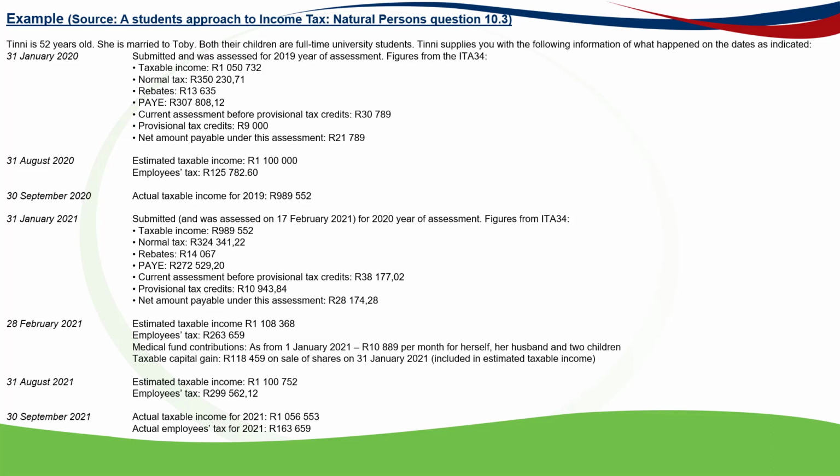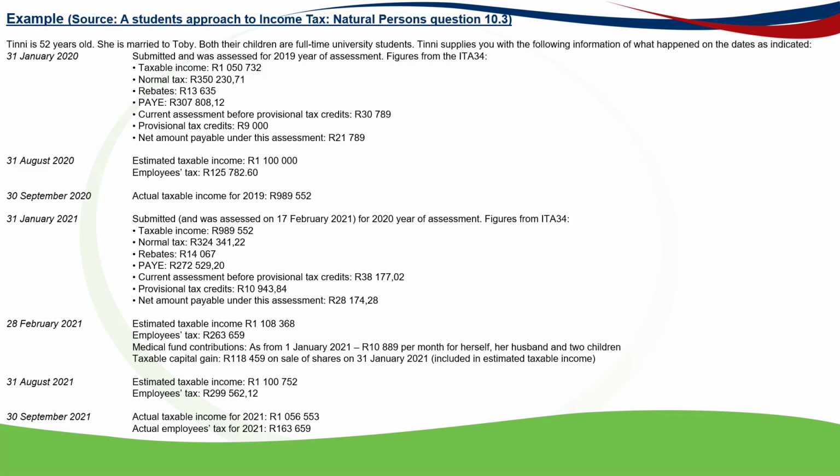And then on the 31st of August 2020, they have estimated taxable income of 1,100,000, employees tax of 125,782. On the 30th of September 2020, she had actual taxable income for the 2019 year of assessment of 989,552.